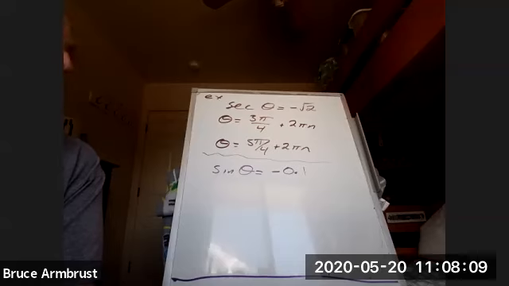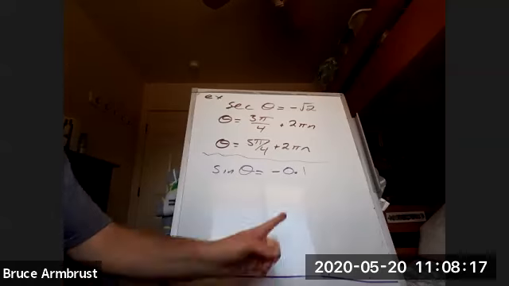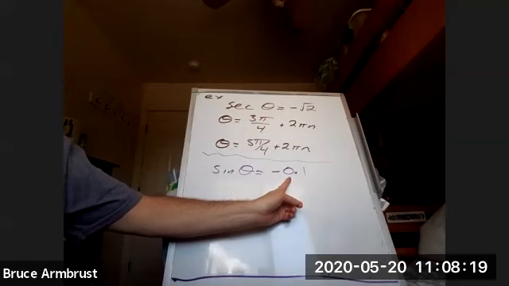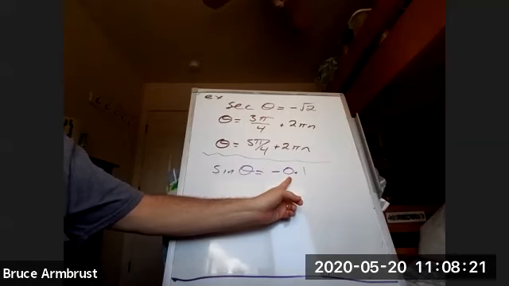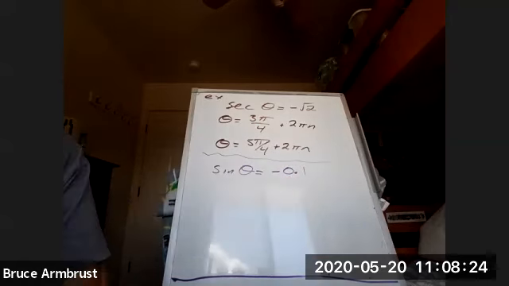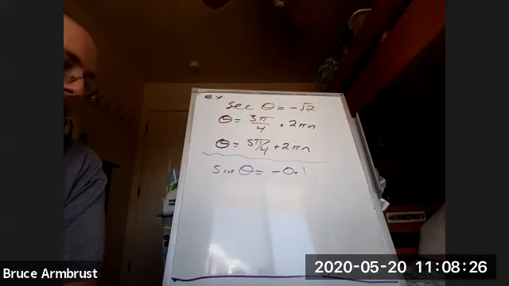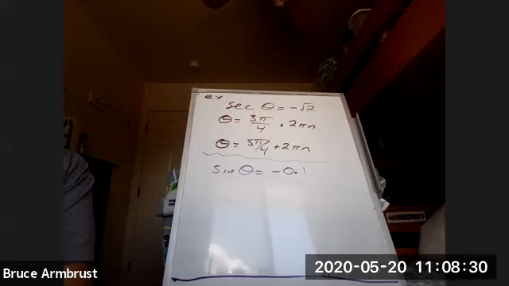However, there are angles that will give us a sine of negative 0.1. I know this because this number is between plus and minus 1, and we saw that with sine, its range is from -1 to 1, so there will be something that works. Okay, so what do you guys think? How are we going to be able to answer this?